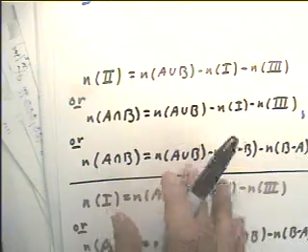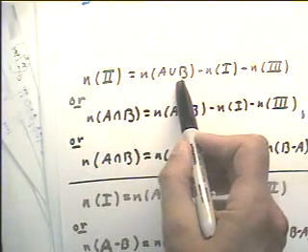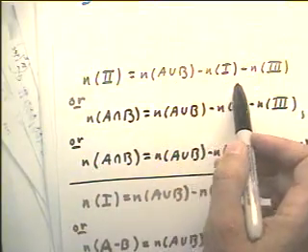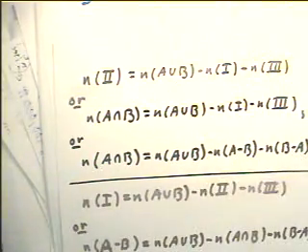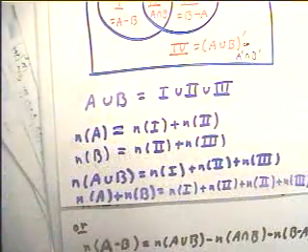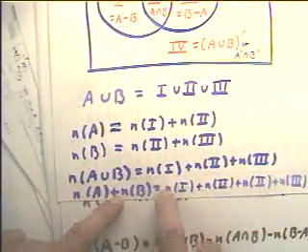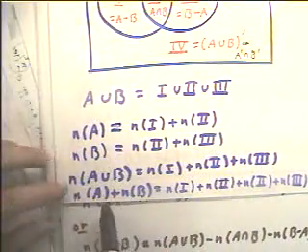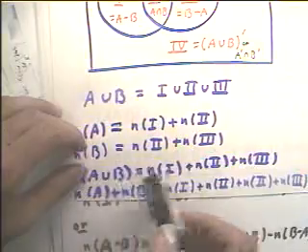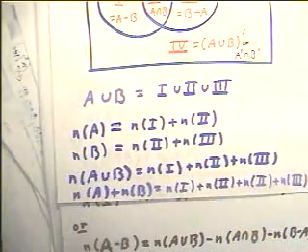Well, the number in region 2 is the number in the set A union B minus the number in region 1 minus the number in region 3. And actually, let me go back. I kind of jumped ahead a little bit there, and that might not have seemed to follow. Okay. In this case, we see that the number in A plus the number in B is greater than the number in A union B by the number in region 2.